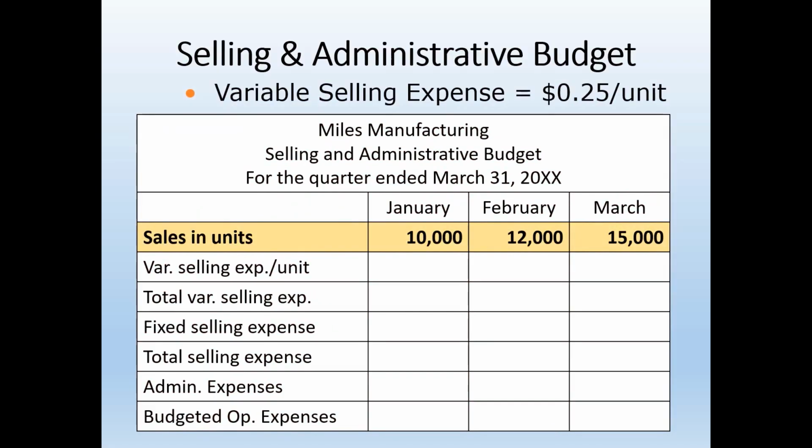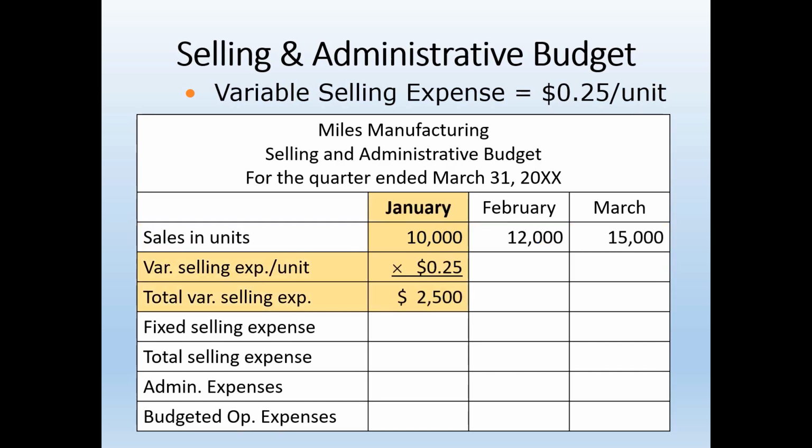The variable selling expense at Miles Manufacturing is 25 cents per unit. That would probably be a sales commission on their product.